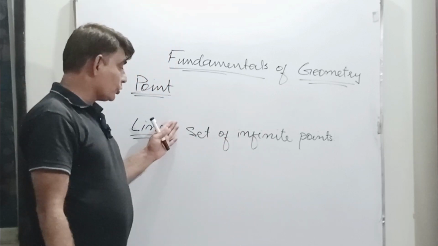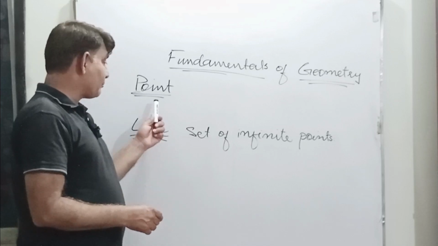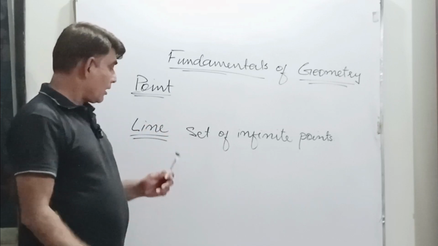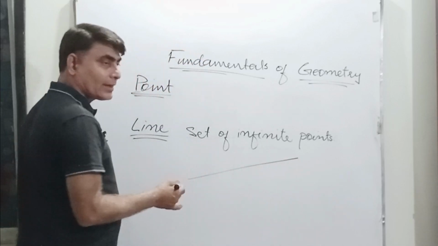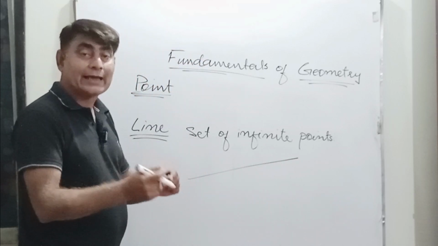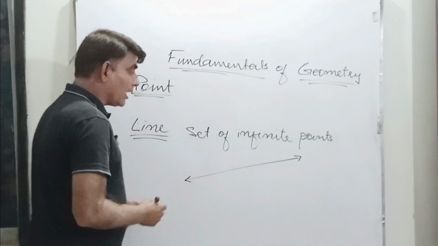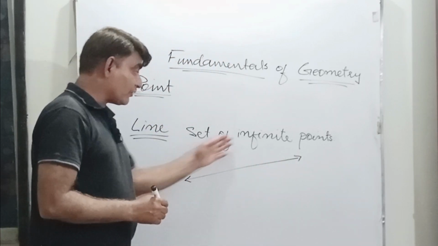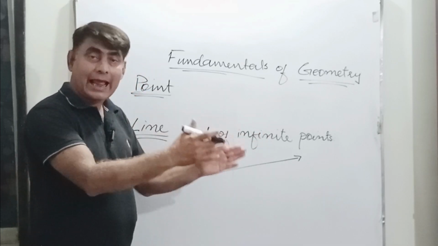Okay, so for the presentation of a line: a point is just a dot, but in the case of a line, we have to draw a line like this, and we can also draw its two proceeding ends like this. So a line, which is a set of infinite points, has two proceeding ends.